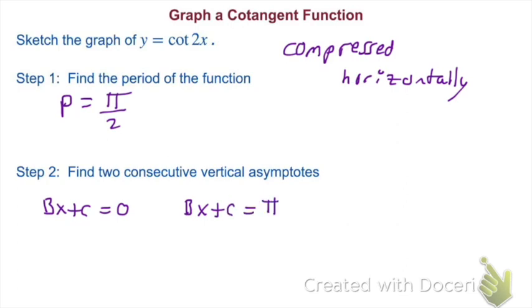And we solve, we have our b is 2, so we have 2x, our c is 0. So 2x equals 0. Then we have 2x equals pi. We divide it out, we get x is 0 for one of our vertical asymptotes, and x is pi halves for the other. Because we're compressing it, we're happening faster. Instead of doing every pi, we're doing every pi halves.